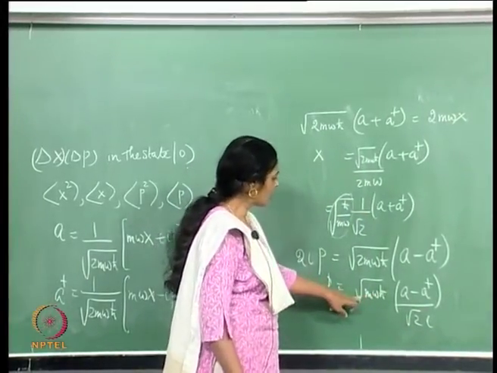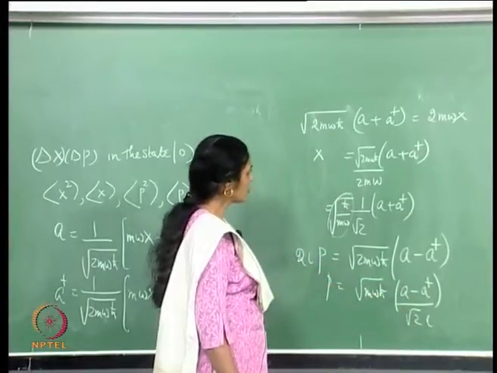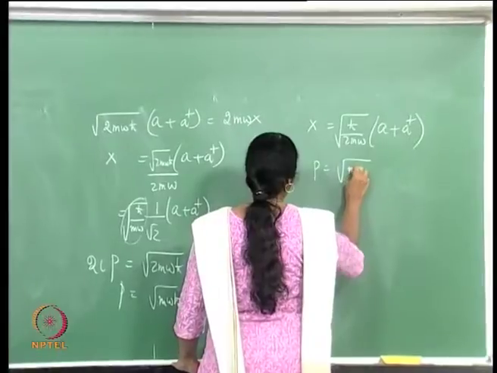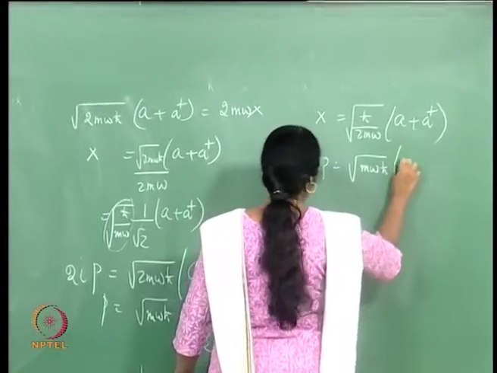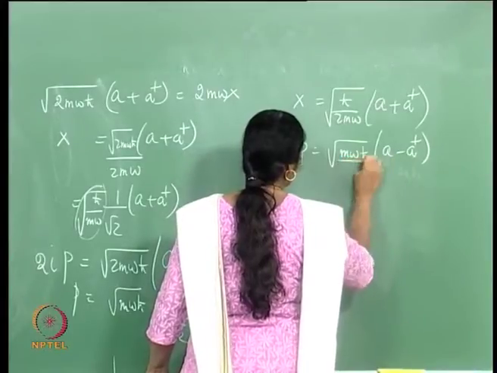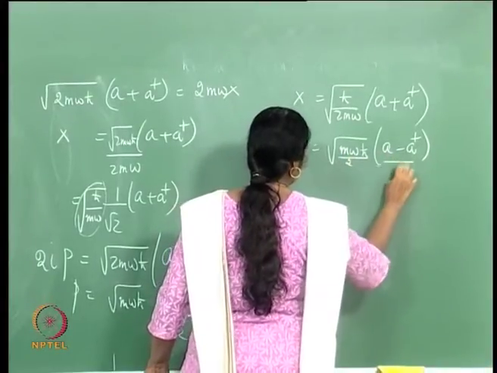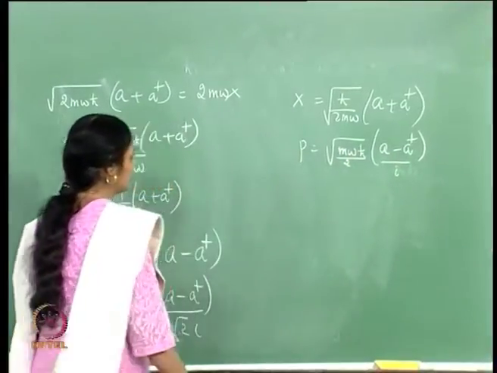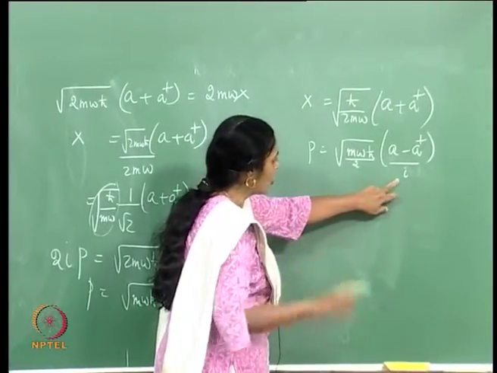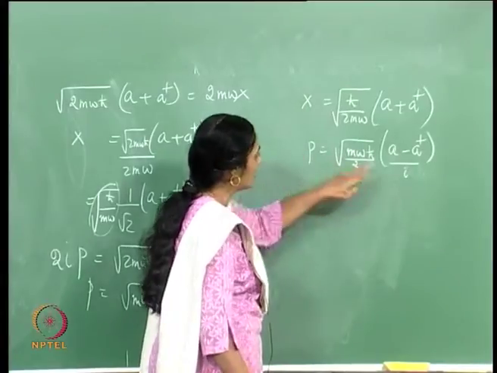This has dimensions of momentum and this is dimensionless, so we are through. The i is very important. It takes care of the commutation relation [x, p] is equal to i h cross.